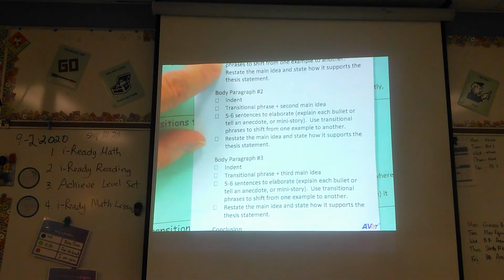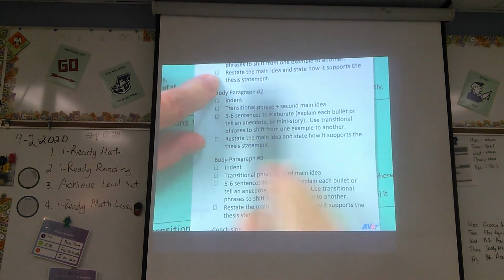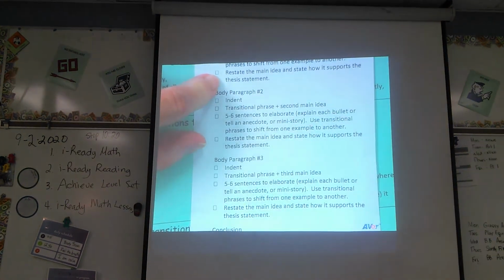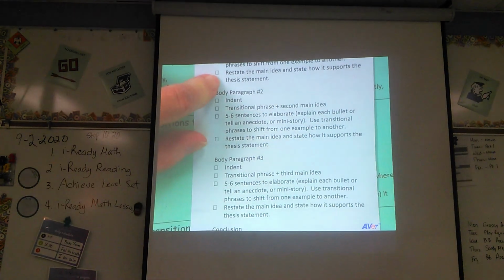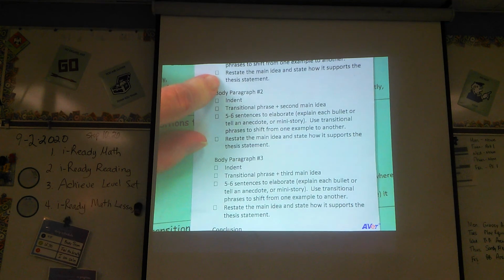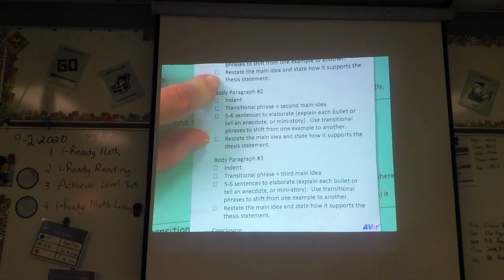You have your 2 sentences for every detail. That's 6 more sentences. So now you're up to 7 sentences. And then your final connecting, linking sentence, you're really up to 8 sentences long. And a sentence you're going to count wherever you have a period, that's the end of a sentence.